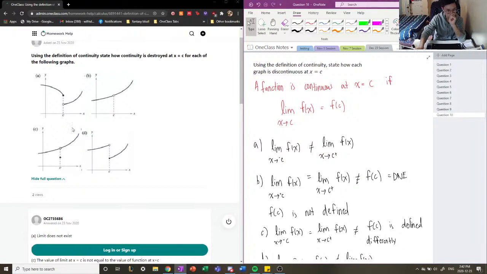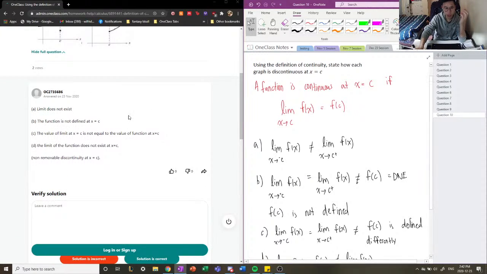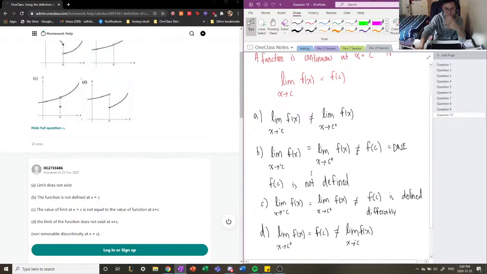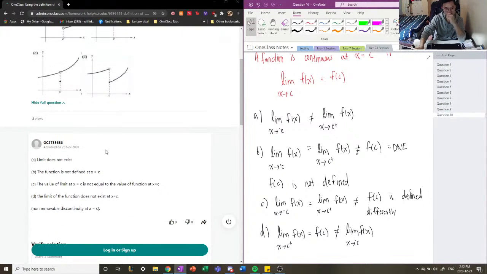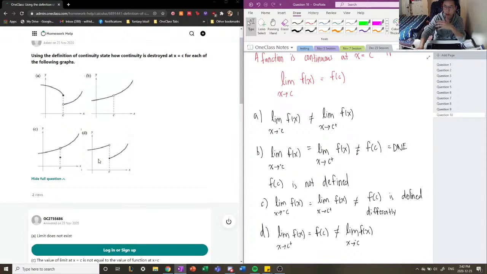For part C, the left-hand side and the right-hand side limits are approaching the same value, but it's not f of c itself. F of c is defined differently, and because of that, it's not continuous. And finally, for part D, the right-hand side limit is approaching f of c, and it equals f of c, but the left-hand side also has to equal f of c, which it does not. It equals a different value. So these are different reasons why functions cannot be continuous.